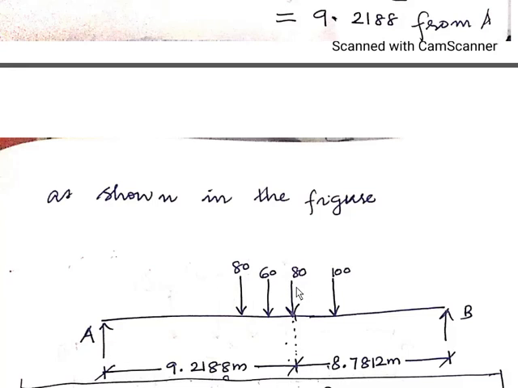The support nearest to the resultant should be placed at a distance L by 2 plus D by 2, and this point will be taken as section C. That is the point where this load W2 is acting, it is taken as our section C.